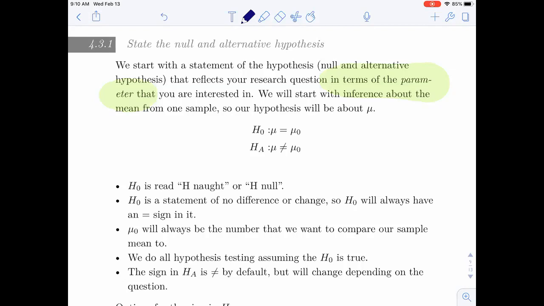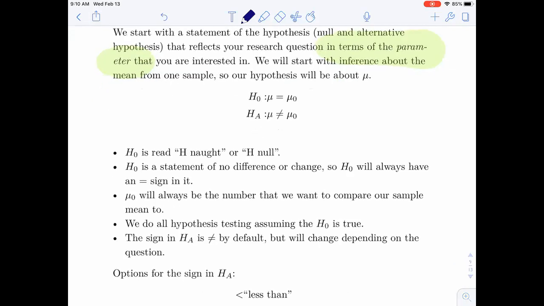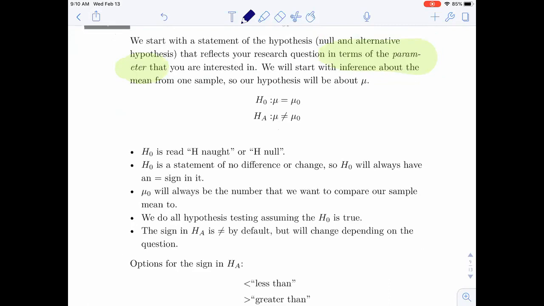And so in our case, just to start out, you've got H naught: mu is equal to mu naught, which is just your hypothesized mean. Mu naught is your hypothesized mean.